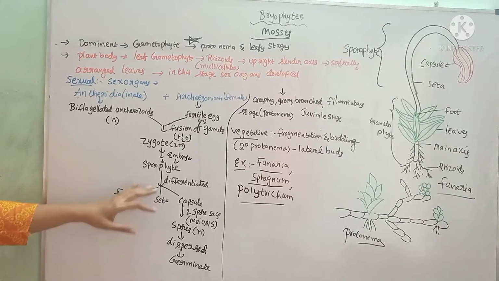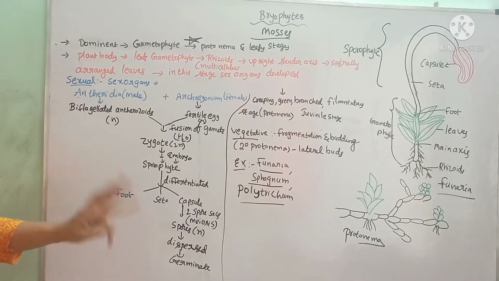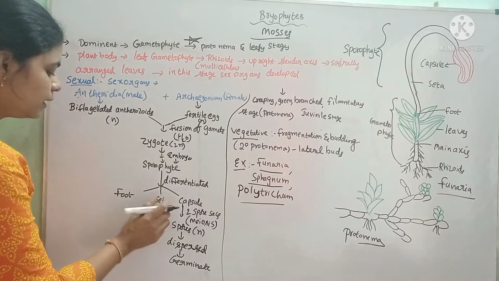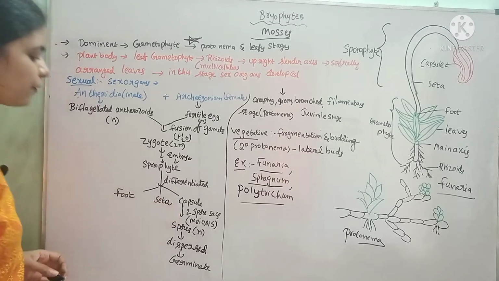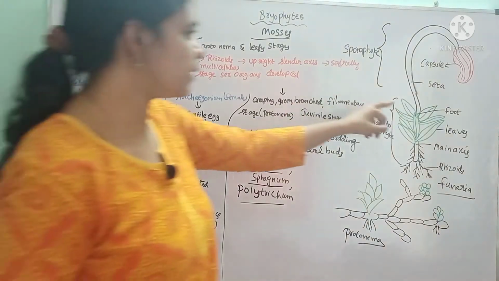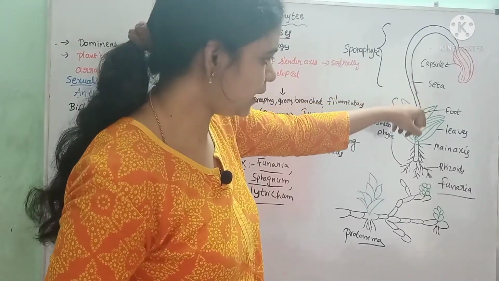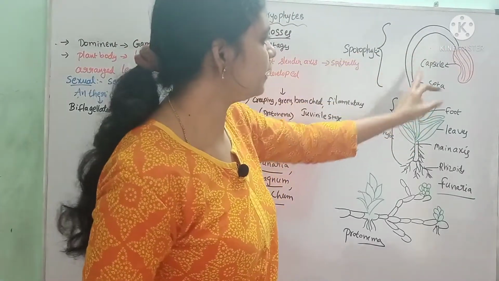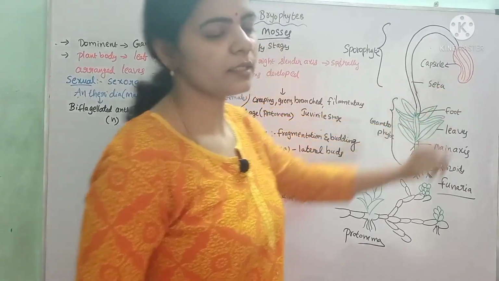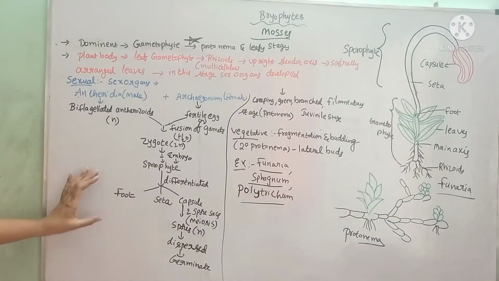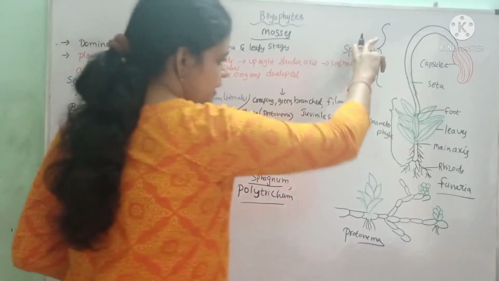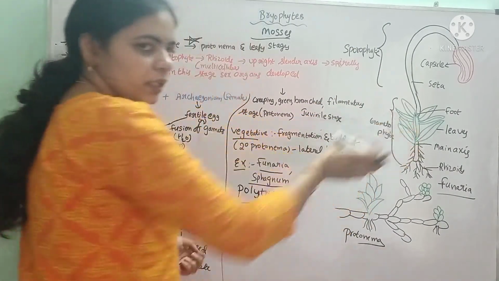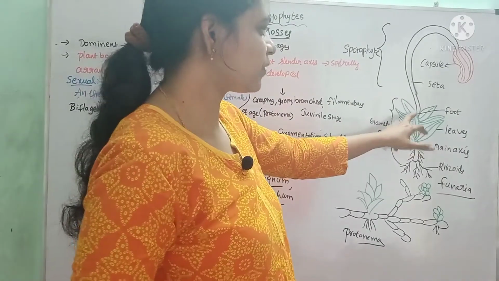This sporophyte is differentiated into three parts: foot, seta and capsule. See here, the foot is embedded inside the leafy part. This stalked part is the seta and this terminal part is the capsule. So this is the sporophyte stage, and this is the gametophytic stage. From the gametophytic stage, the sex organs develop.